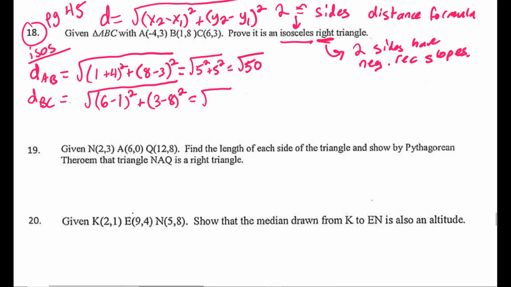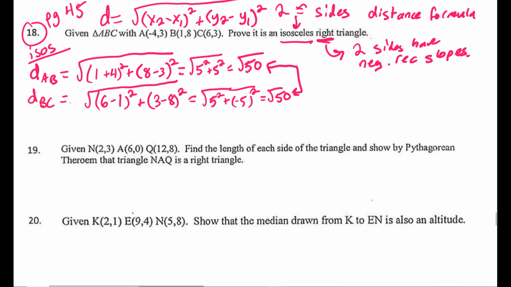So I get radical 5 squared plus negative 5 squared. But remember, negative 5 times negative 5 is going to become positive anyway. So that's 25 plus 25 equals radical 50.